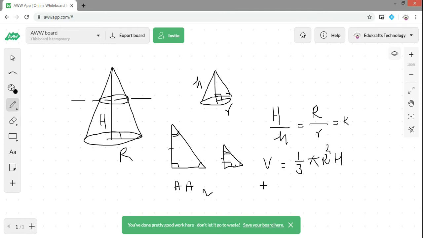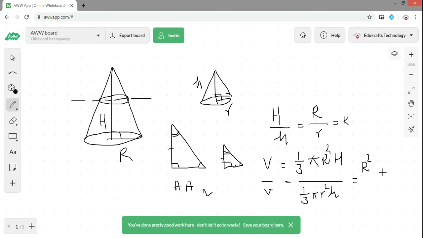Small v is the volume of the smaller cone, which is 1/3 pi small r square small h. So the 1/3 pi cancels, and you find it is R square H upon r square h.